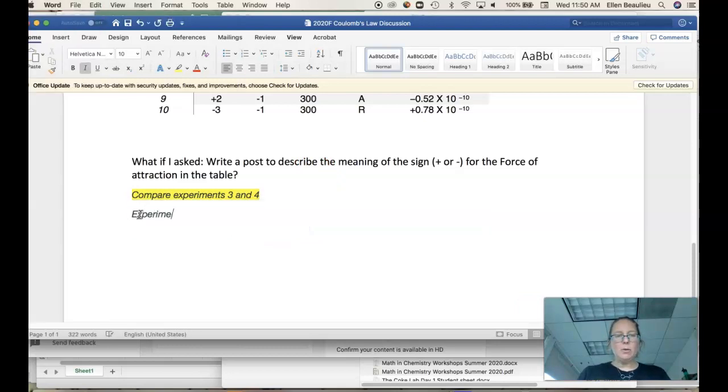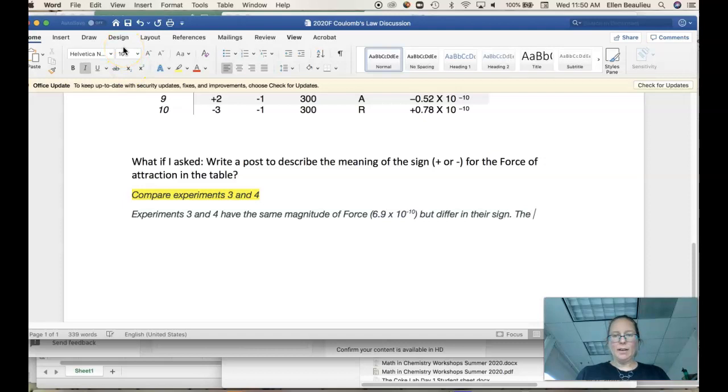Experiments 3 and 4 have the same magnitude of force, which is 6.9 times 10 to the minus 10, but differ in their sign.